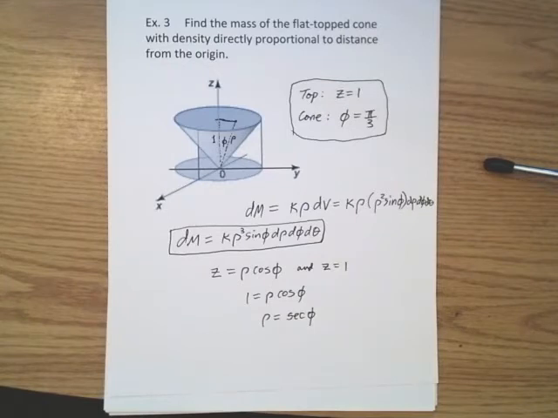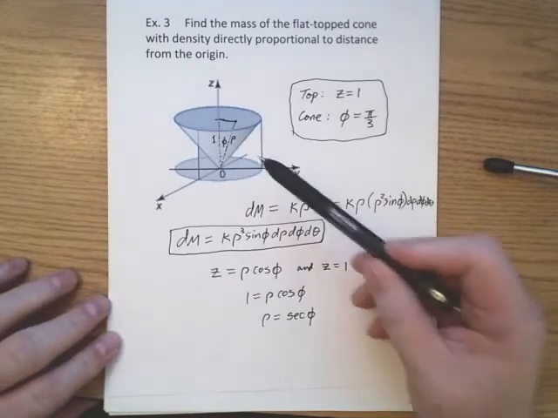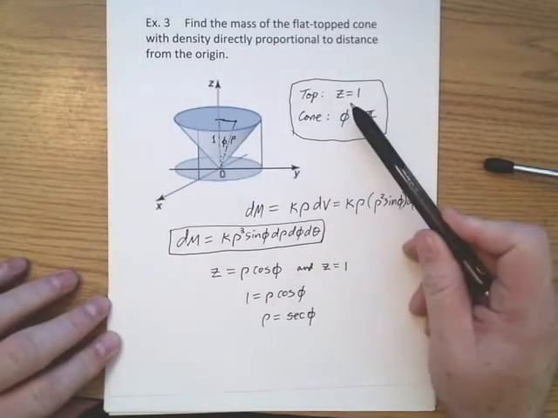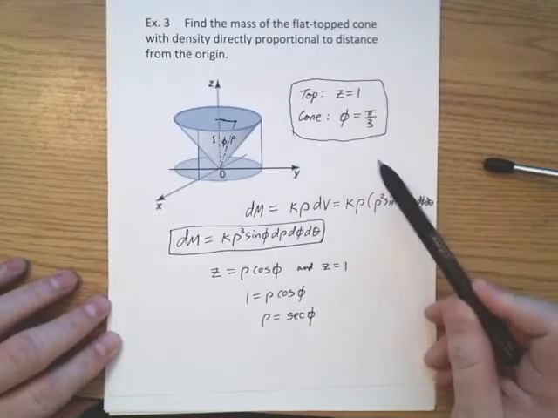Okay, let's go ahead and try a related problem here. Find the mass of the flat-topped cone with density directly proportional to distance from the origin again. Now here's the flat-top cone I'm imagining here. The top of the cone is the plane z equals 1, so that's parallel to the xy plane.